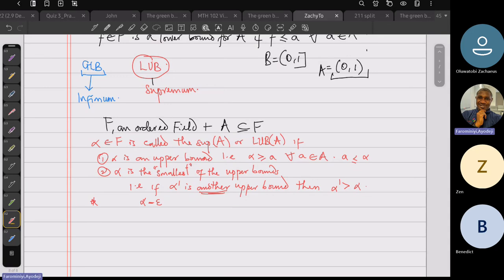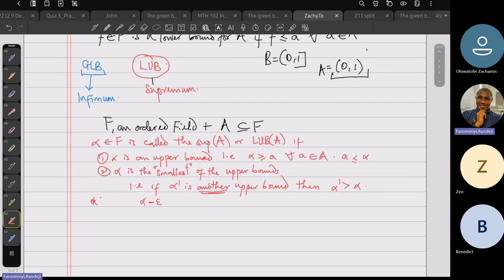Where do you fall into if you subtract anything from alpha? You fall back into the set. Okay, let me write it this way.